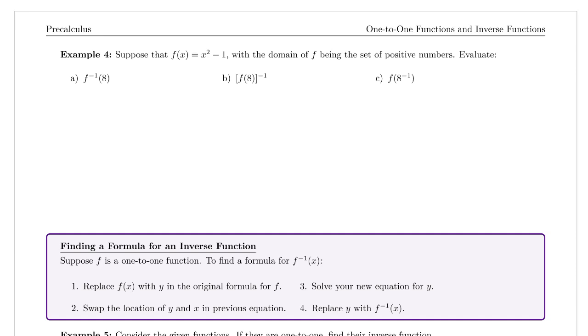Example 4 says, suppose that f of x is equal to x squared minus 1, with the domain of f being the set of positive numbers. Remember from an earlier section, this is what's called a restricted domain.